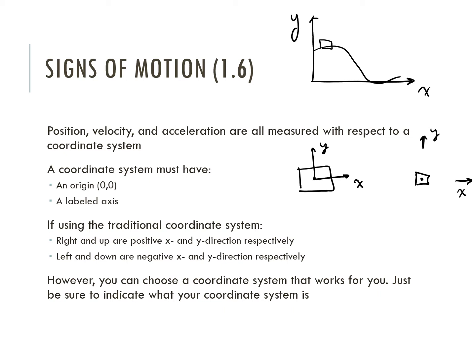I'm going to try to be matching the textbook as we go through this semester. I won't always be. I personally am not a huge fan of this method here. I think it gets pretty messy pretty fast. So I don't use this, but I am going to try to make sure that if the textbook says that X is to the right, I'm going to try to do that as well.